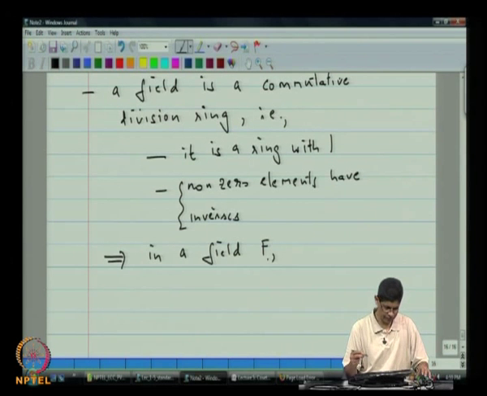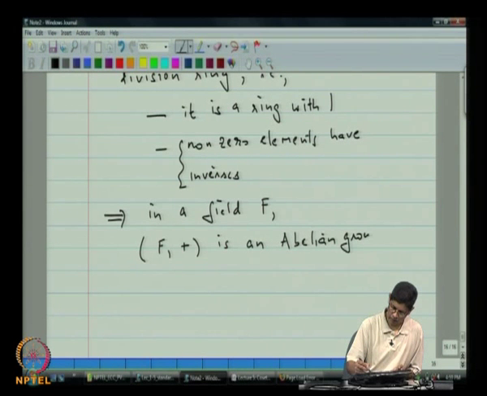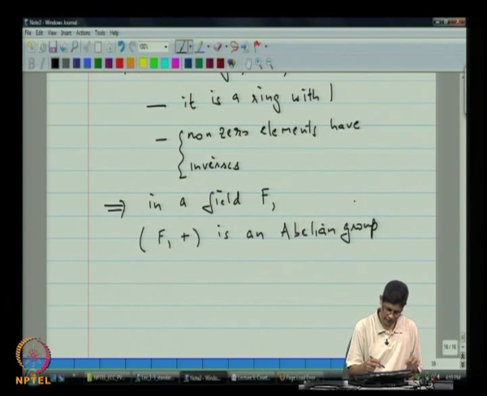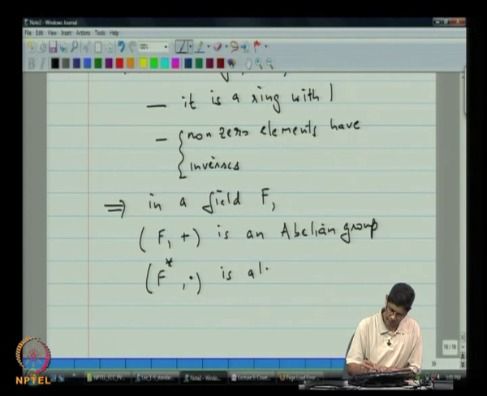F, we have the property that F plus is an abelian group and F star, multiplication, is also an abelian group.